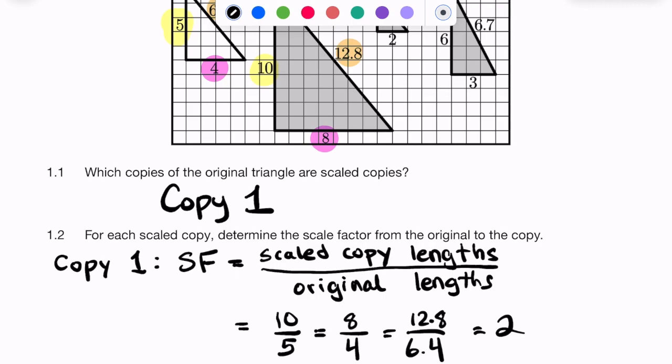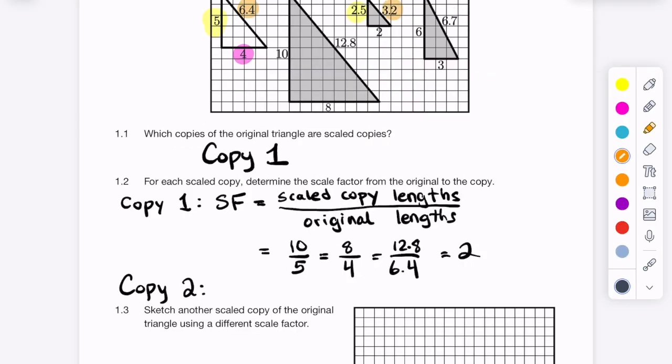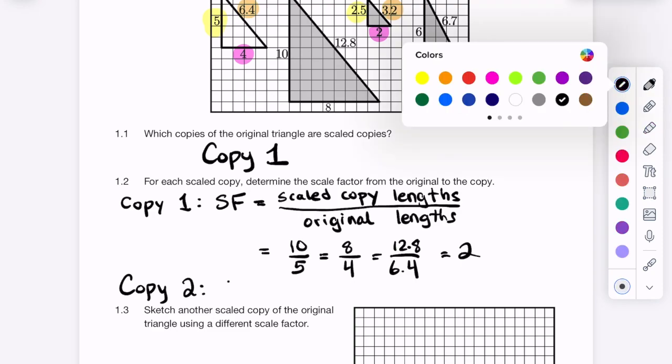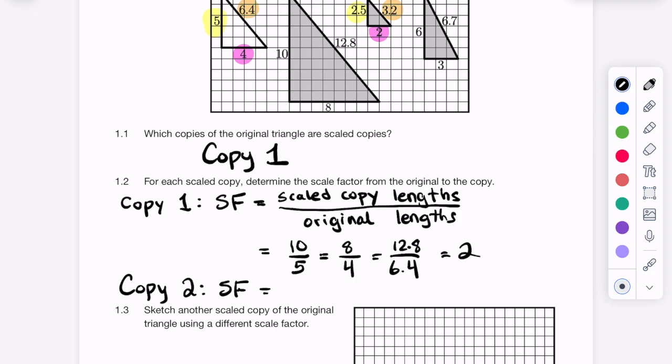Okay, and then we want to do the same thing for copy 2 and copy 3 and see if we get this. So now for copy 2, we're going to do the same thing. We're going to try to find the scale factor by finding these ratios, and if all the ratios are the same, then that tells us what the scale factor is and that we do have a scaled copy.